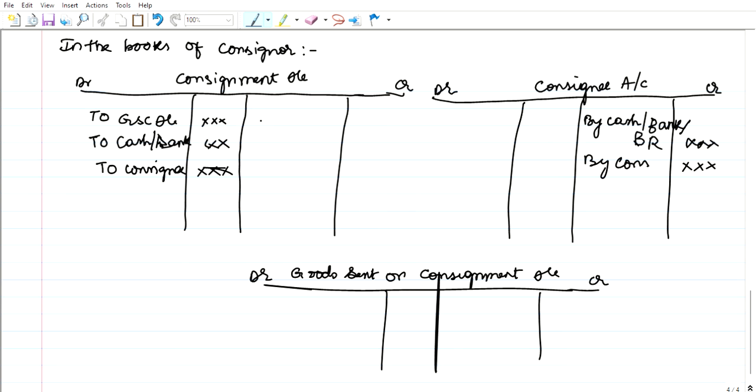And next, for sale of goods by the consignee, we are going to make the consignee a debtor. So consignee account debit, consignment account credit, and in the consignee account, by consignment account.